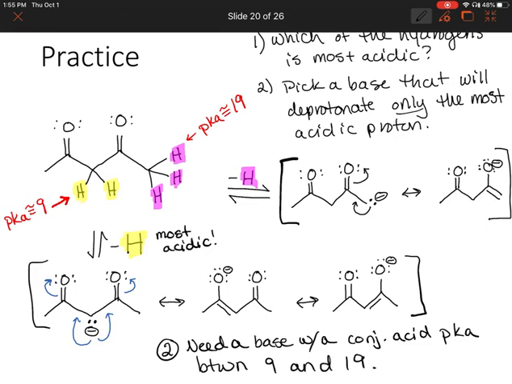And actually, we did see an example of this earlier in the lecture. Which one was that? Water. Water has a pKa of 15.7, and the base was the hydroxide ion. So we can use the hydroxide ion as our base.